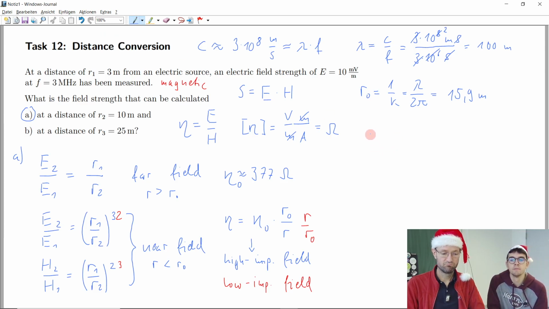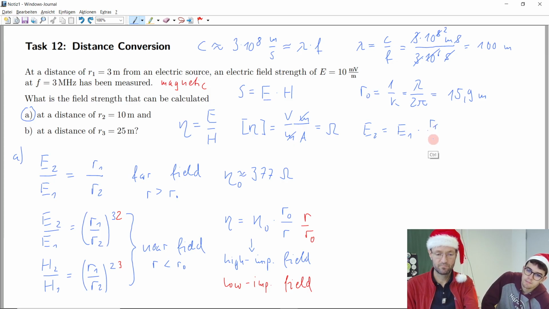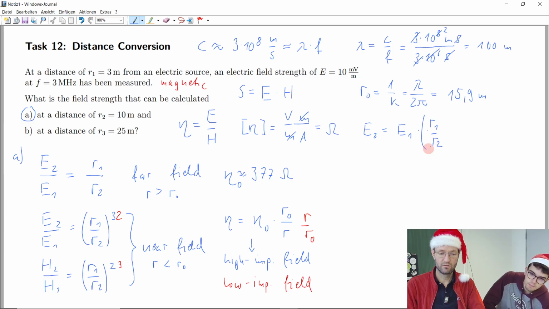So I can just insert the values. Our E2 we get from E1 if I move this to the other side and then multiply it with R1 divided by R2, to the power of 3.